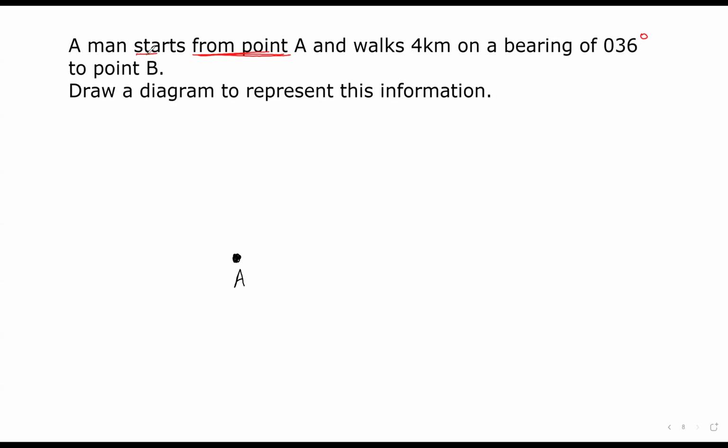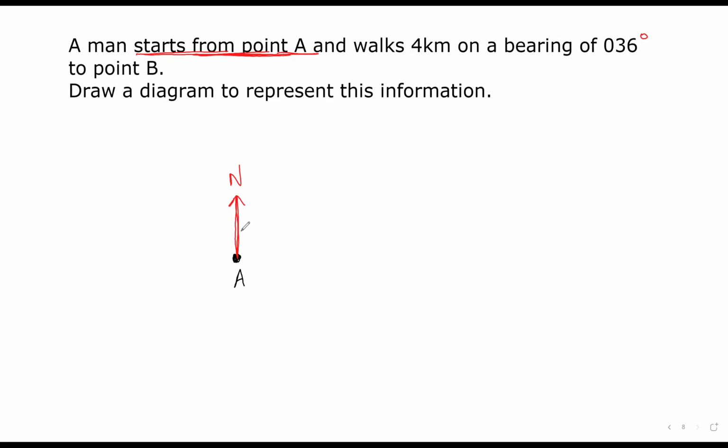They said starts from point A. So that means my north line will go at A, right? And then it says he walks 4 km on a bearing of 36 degrees to point B. So that means my point B has to be 36 degrees from this north line at A.